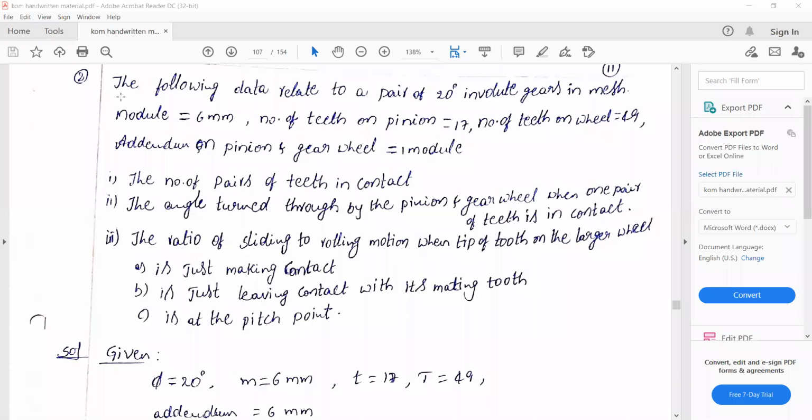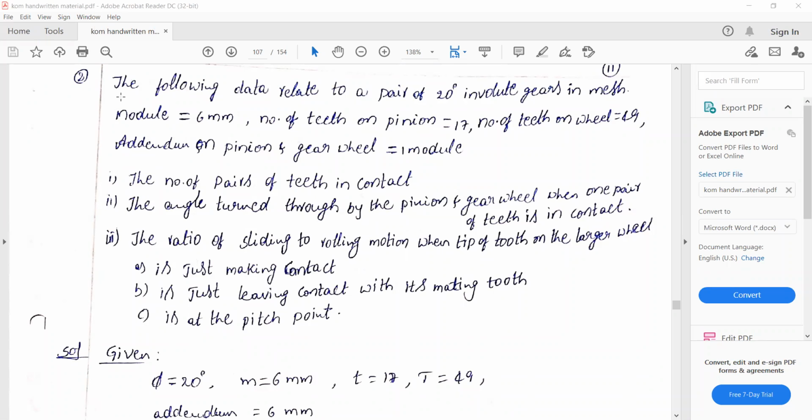The following data relate to a pair of 20 degrees involute gears in mesh: module 6 mm, number of teeth on the pinion 17, number of teeth on the gear wheel 49, addendum on the pinion and gear wheel both equal to 1 module. That means 1 module equals 6 mm.